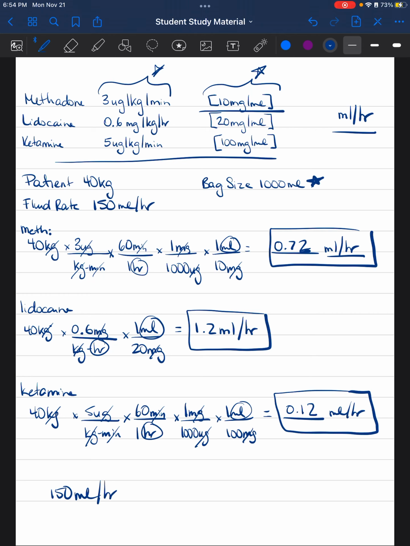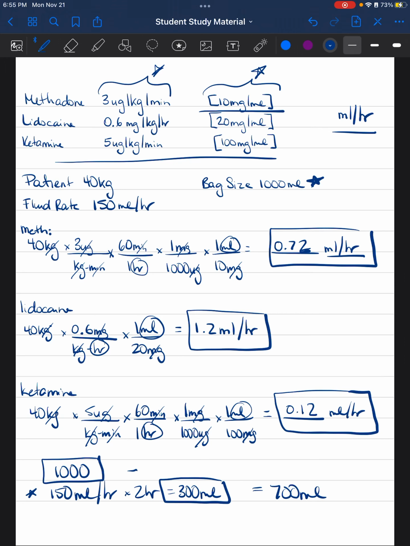If the patient was on a 1,000 ml bag and they were getting the dose right here of 150 mils per hour times 2 hours, that would give us 300 mils, okay? So we originally started with 1,000 mils, and now there are 300 mils gone. So it's 1,000 minus 300, which is gonna leave us with 700 mils to put all these drugs into, okay?